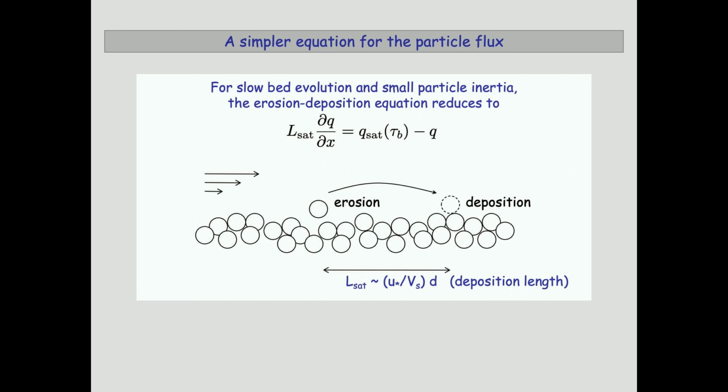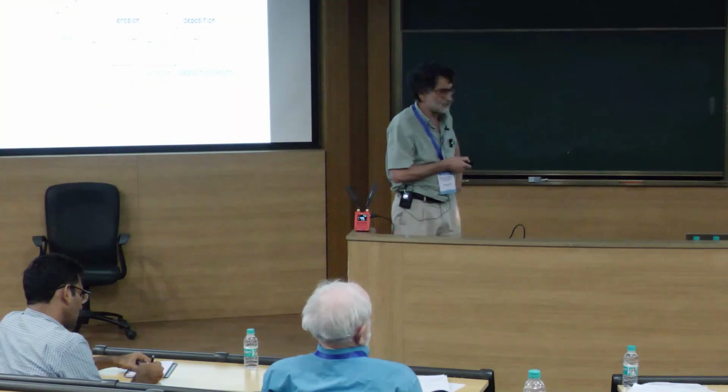And with the previous modeling, this saturation length is proportional to this quantity, which is the ratio of the friction velocity and the settling velocity multiplied by the particle diameter. And in fact, this is a deposition length. It is the length which is needed for a moving particle to fall onto the fixed bed under the shear stress tau and the friction velocity u star.